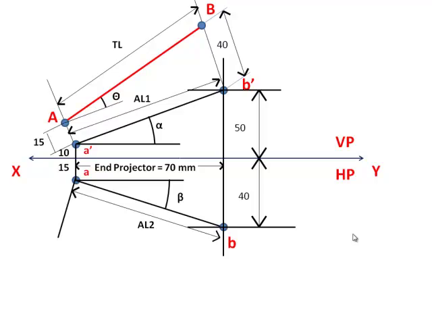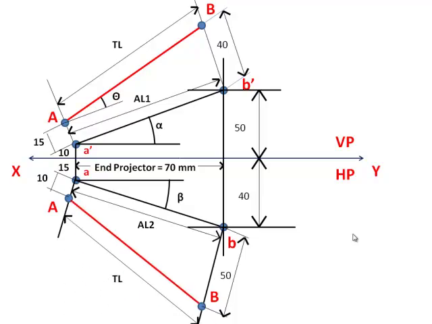Don't mark alpha. Okay. So in the similar way, in the top view, take the above HP distance 10 mm and mark a point as A. And from the B point, you mark a point of 50 mm and join these two. That is your true length.